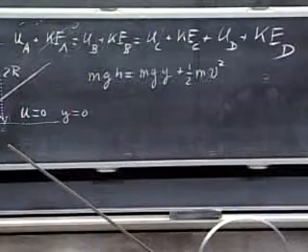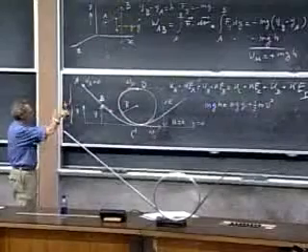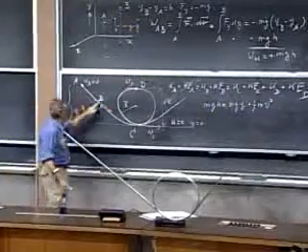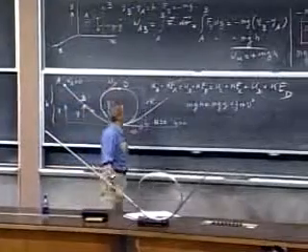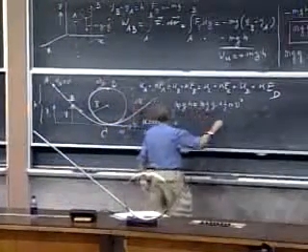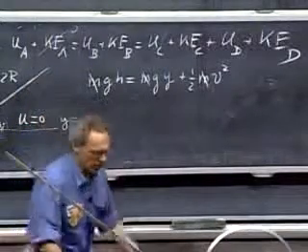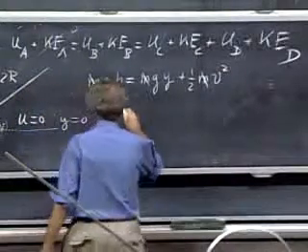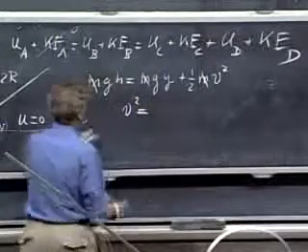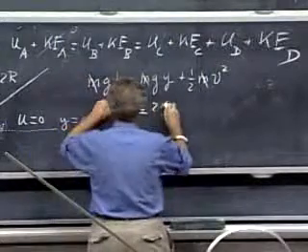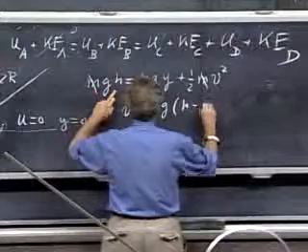This should hold for every point that I have here. It should hold for A, for B, for C, for D, for any point. I lose my m, and so you find that v squared equals 2g times (h minus y).